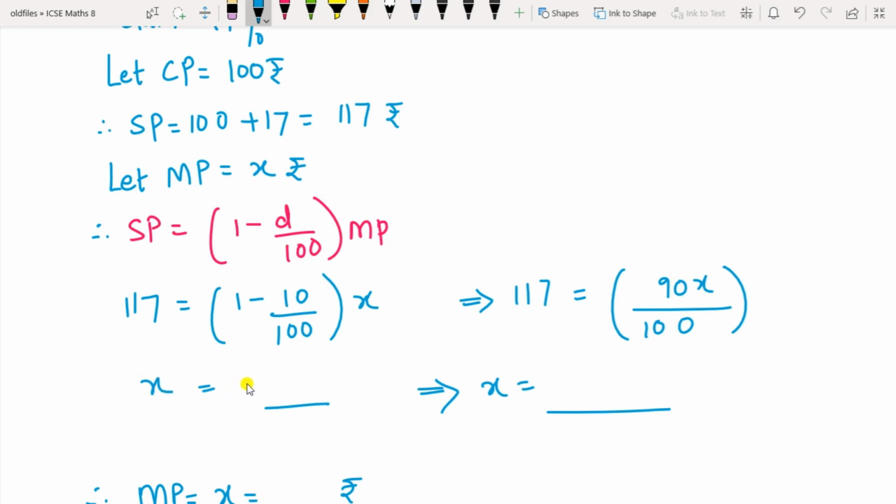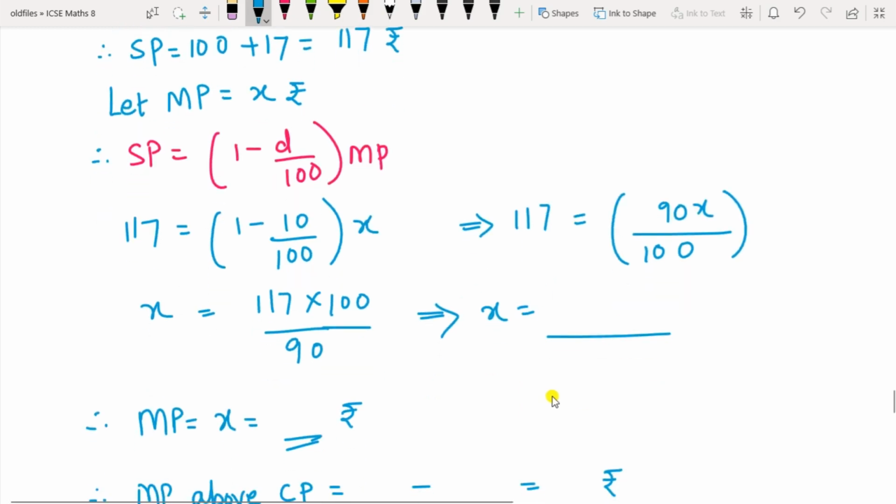So X will be equal to 117 into 100 upon 90. So if you do the cancellation here, you will get X equal to 130 rupees. So X is 130 rupees, that is your MP.